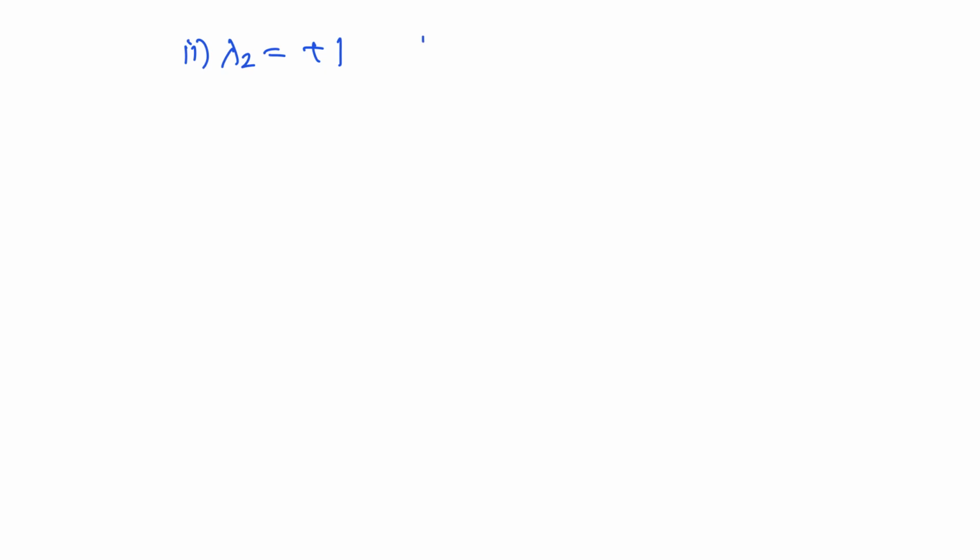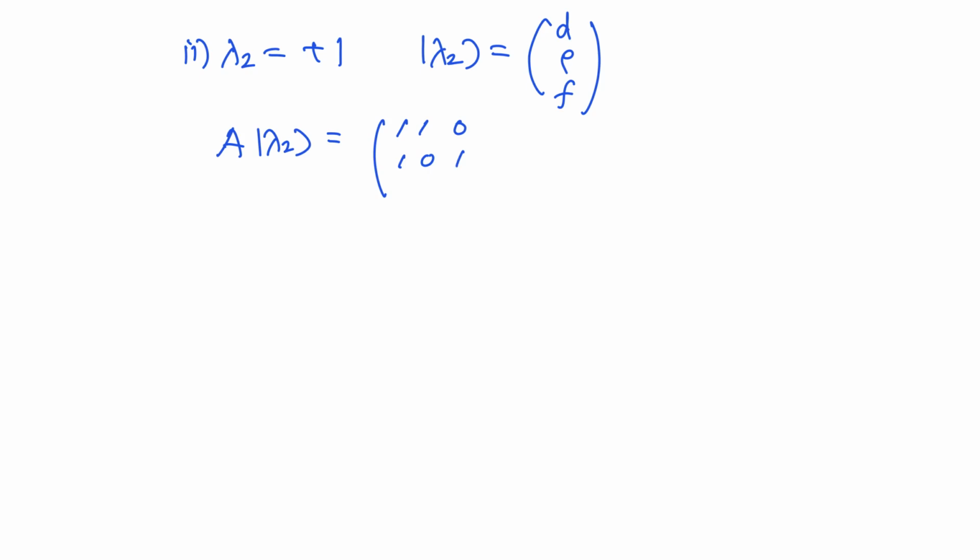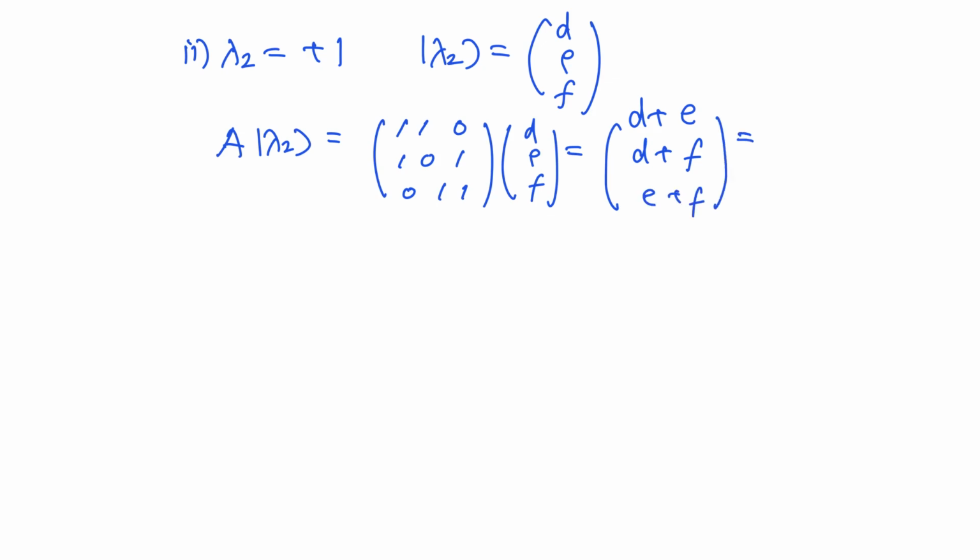So, say lambda 2 is D, E, F. We have used ABC. So, A times lambda 2 is 110, 101, 011, D, E, F is same as before, D plus E, D plus F, E plus F, same as D, E, F.